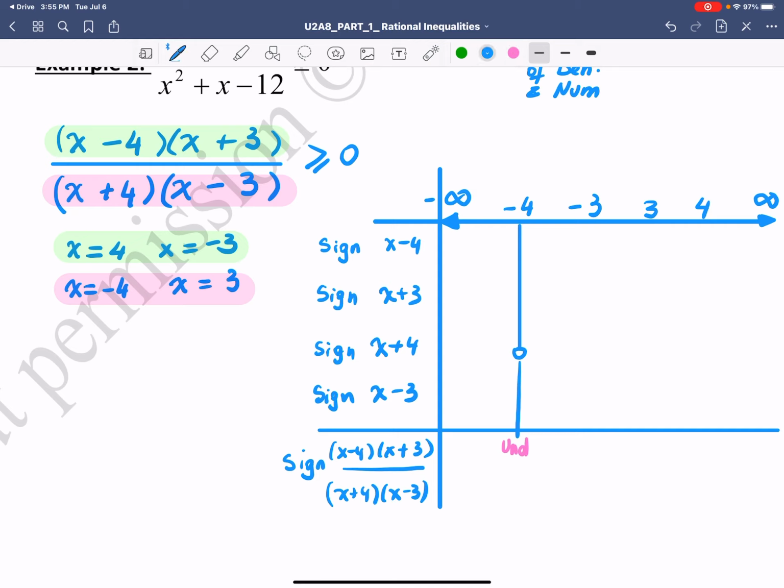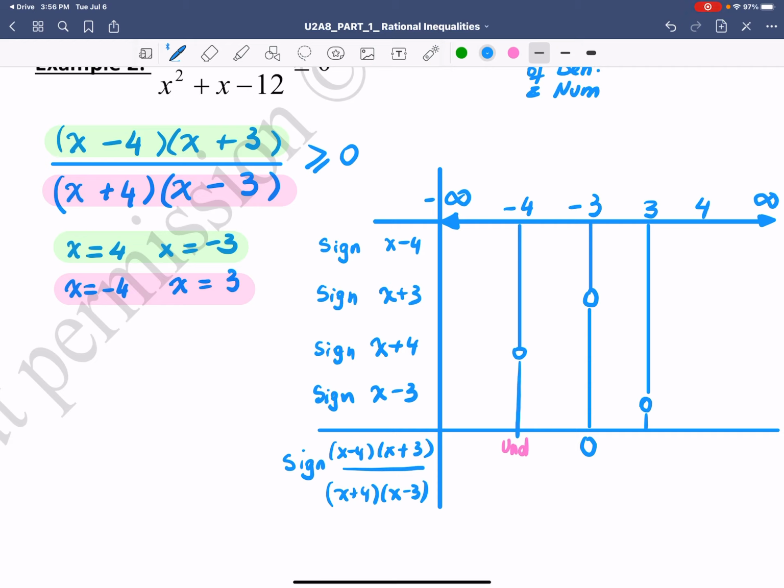Moving on to x equals -3. -3 is a 0 in the numerator. And the 0 of the numerator will make the whole expression 0. Moving on to x equals 3. x equals 3 is a 0 in the denominator. So that would be the 0 of x minus 3.